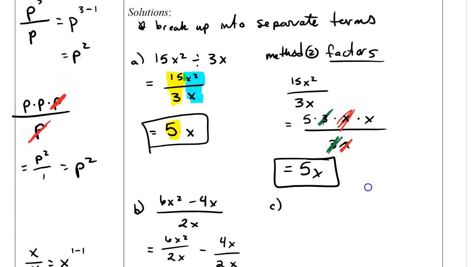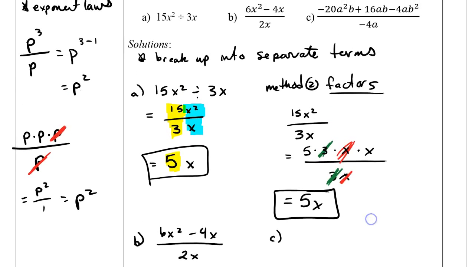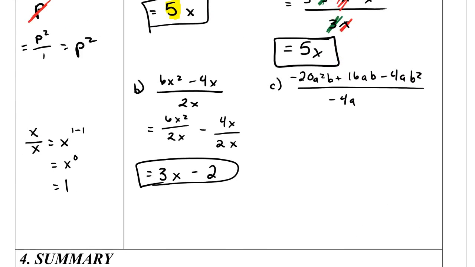Last but not least, let's get to this final question here. Let me just see it so I can write it down. Negative 20a squared b plus 16ab minus 4ab squared over negative 4a. Whew! That one is going to be a bit of a doozy because we have a's and b's.